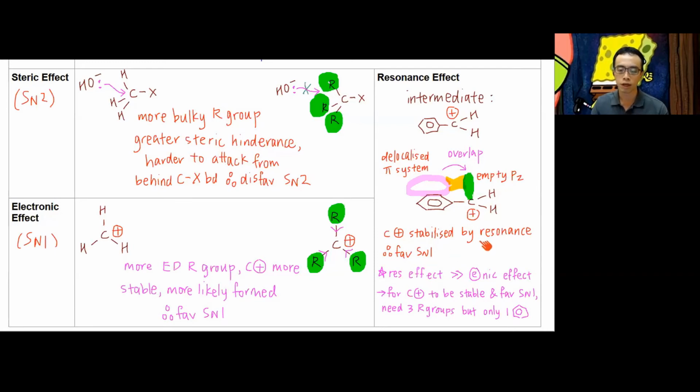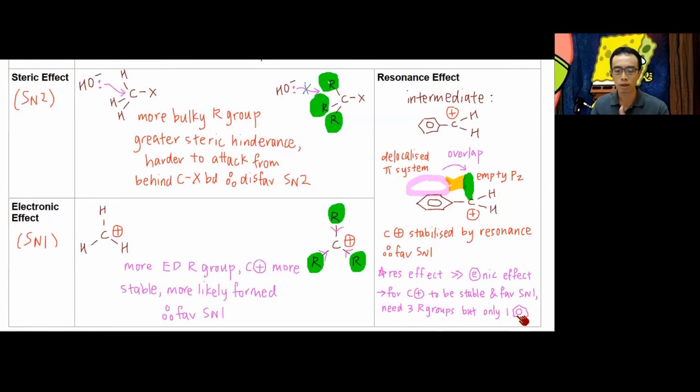My resonance effect is actually a lot more stabilizing as compared to electronic effect, normal donating and withdrawing groups, because if we consider the stability of my carbocation ion and favoring SN1 mechanism, I will actually need a total of 3 R groups to stabilize the C plus enough for it to favor SN1 mechanism. If it is 2 R groups, we actually don't know whether this is SN1 or SN2. If it is 1 R group, it will be most likely SN2 mechanism.